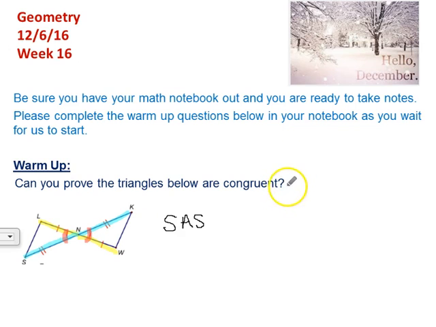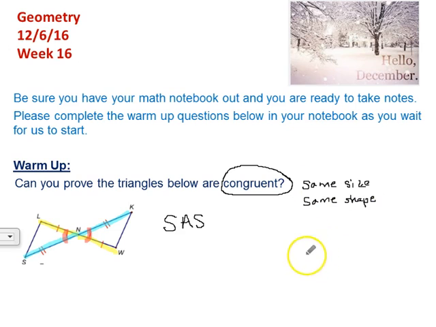So taking a step back to what we talked about last week and what we learned about all the way back in Unit 2, this term congruent, what does it mean when we say that two objects are congruent? It means that they are the same size and the same shape. So that's kind of our generic definition there.